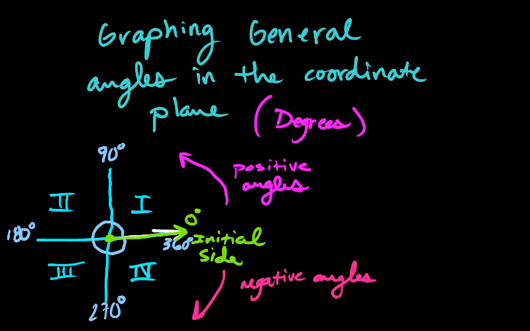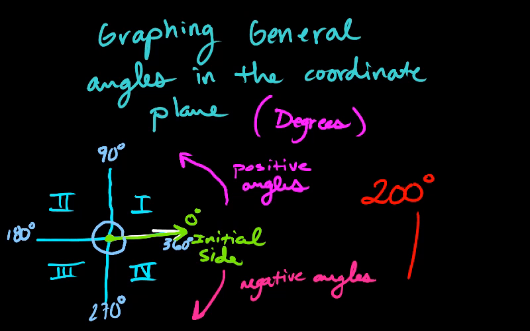And so in graphing an angle, you always have the initial side as the positive x-axis, and then you have the terminal side, which is where you want the angle to end. So let's say we had 200 degrees.